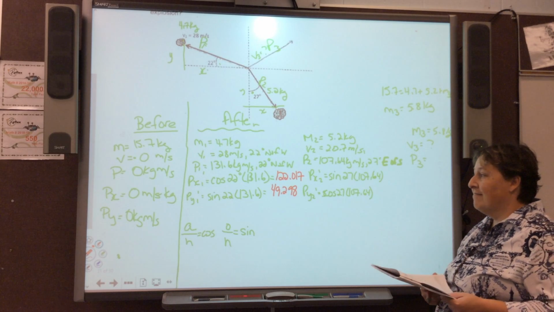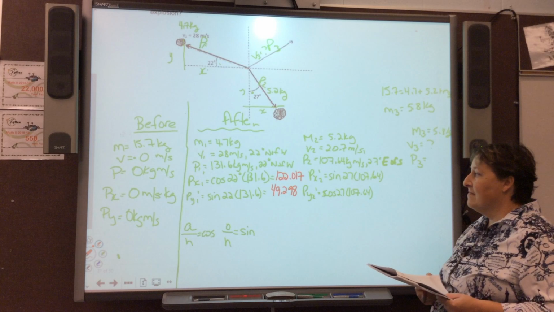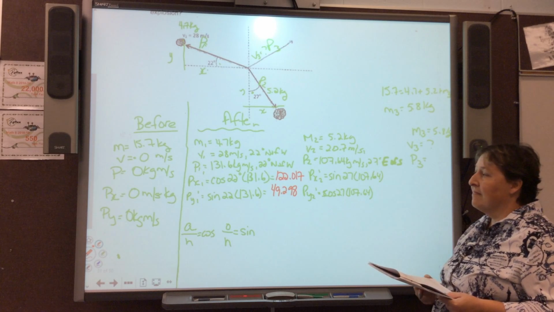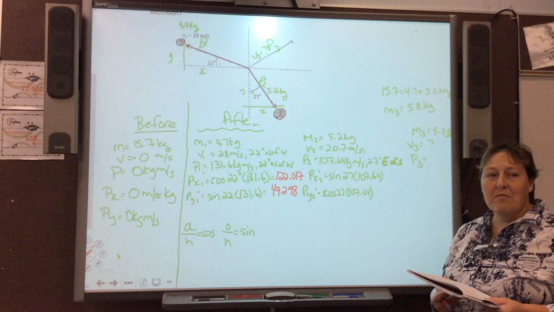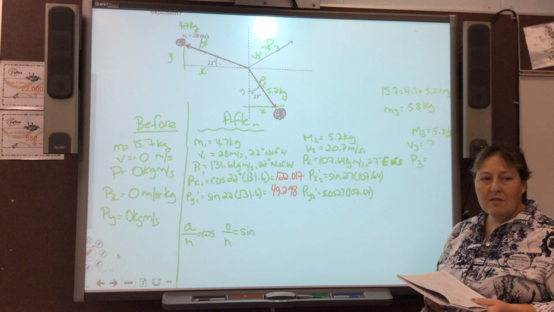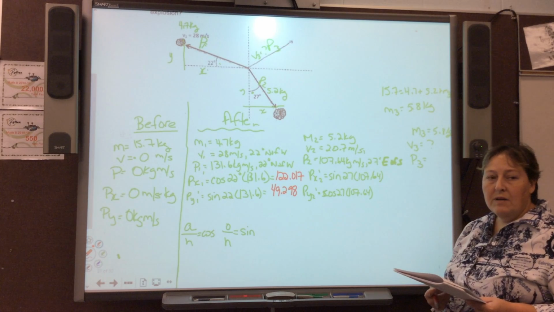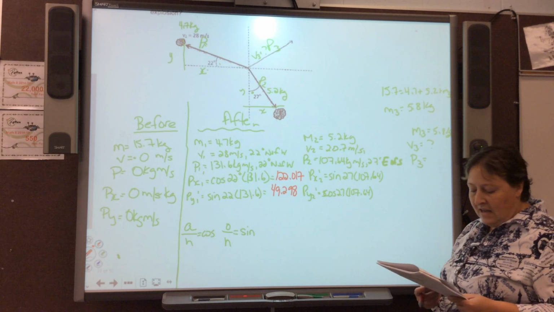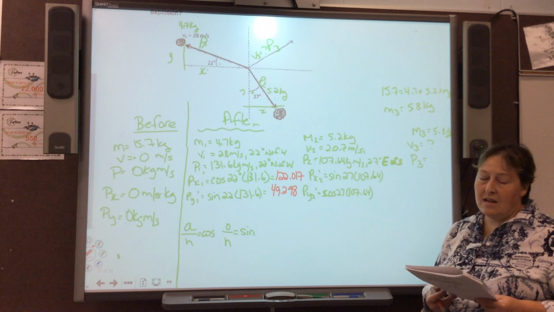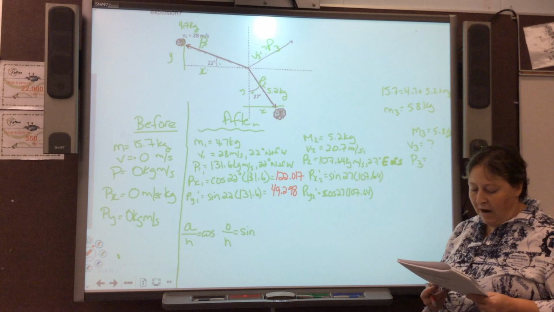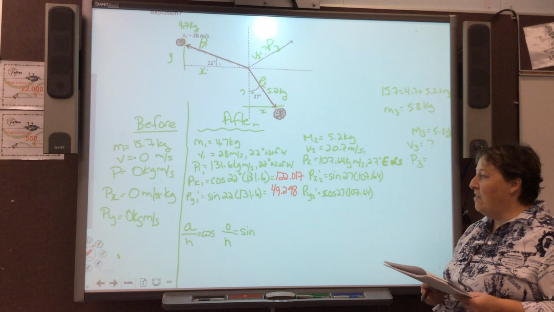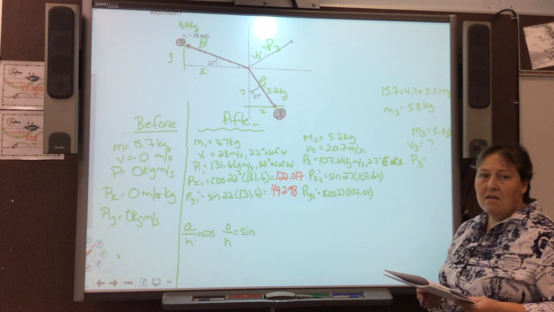For which ones? Some of them are negative and some of them are positive. Which ones are negative? PX2 is not negative. PY2 is. There's also another negative one that you haven't identified.